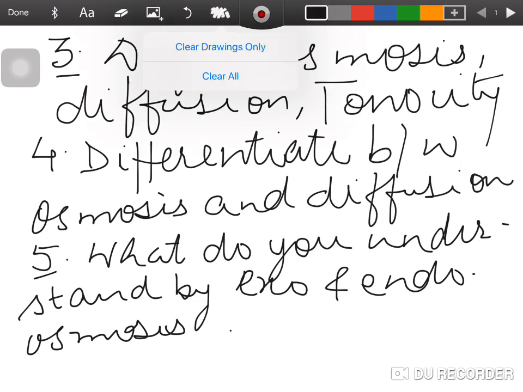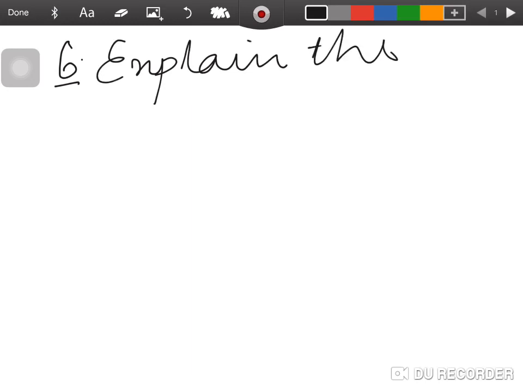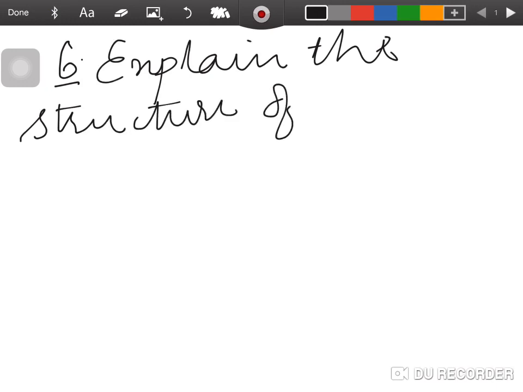Now sixth question is: explain the structure of the plasma membrane.